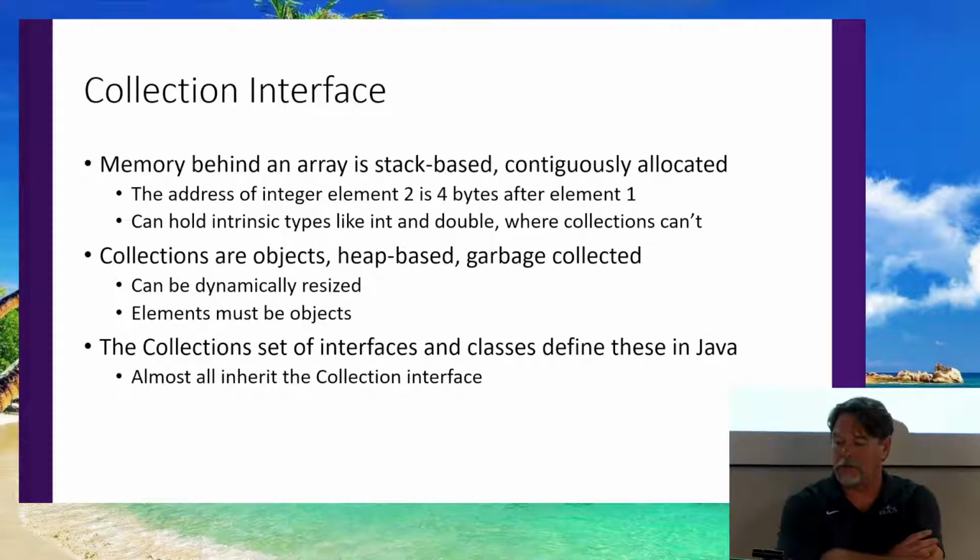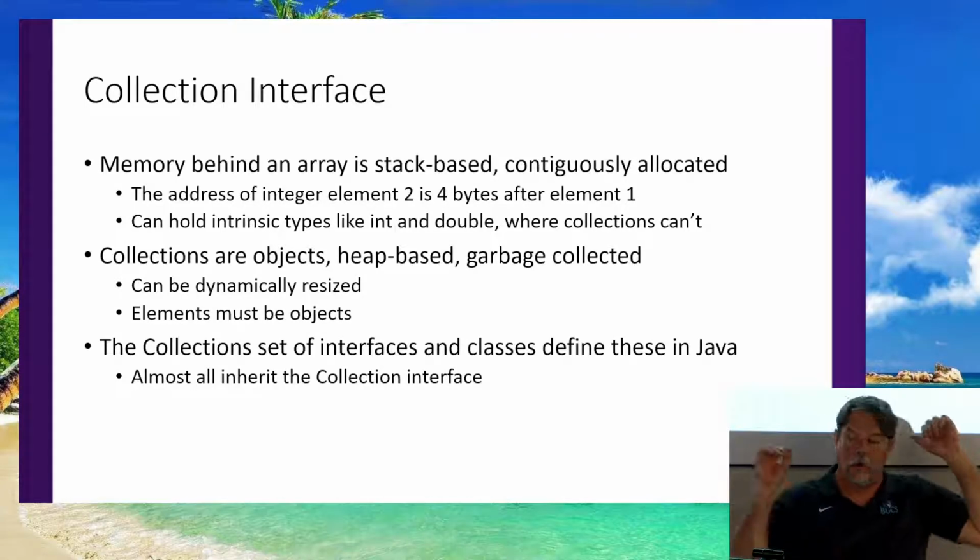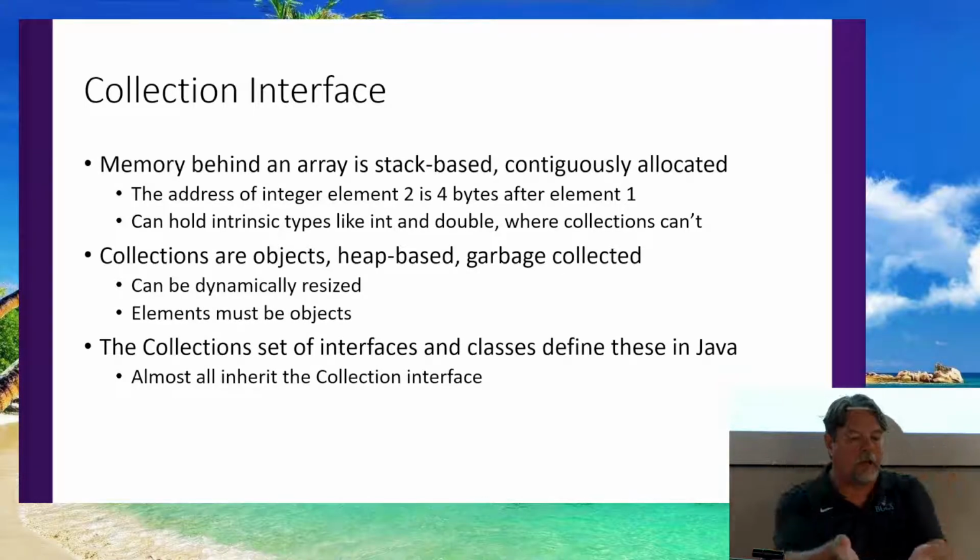Now, one thing I want to say about using this terminology stack is it'll become more clear later. Often programming students get confused when I use the word stack in this context because there's the stack and there's the heap. When you allocate local variables inside your code, they go on the stack.